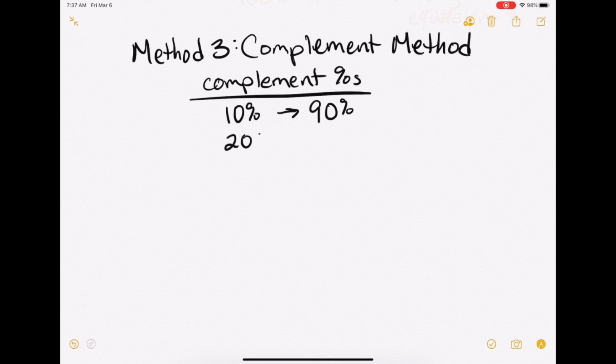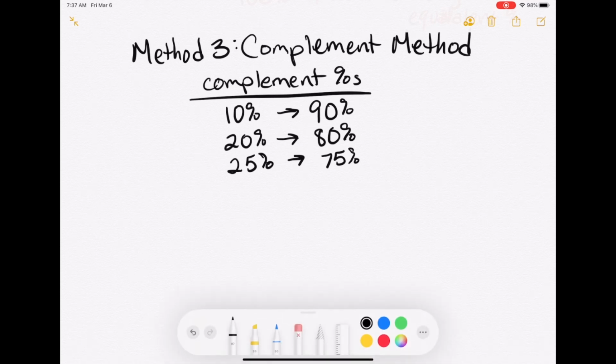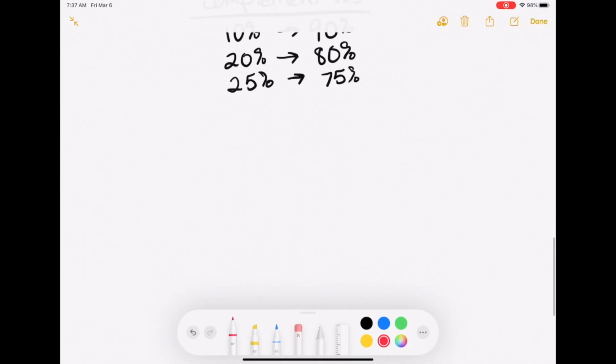If it's 20%, complement is 80%. So on and so forth. 25, 75, etc. Okay, so knowing all of those complements, all you have to do to solve in this method is multiply the complement percentages together.